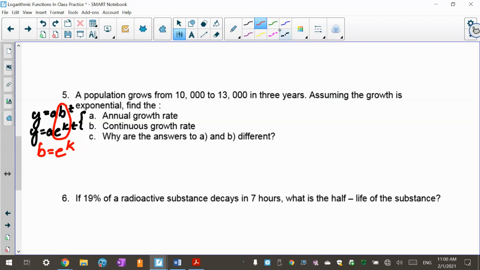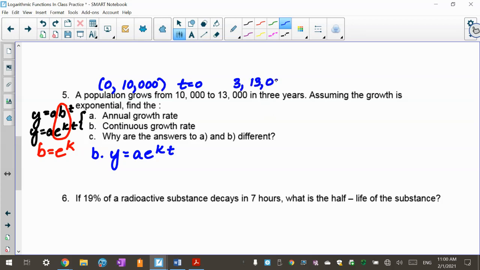So we're going to do B right here. B is y equals a e to the kt. And then when we get done, we have to figure out why the answers are different. This population is growing from 10,000, so that's when time is 0. So that's the 10,000. And it grows in 3 years to 13,000.